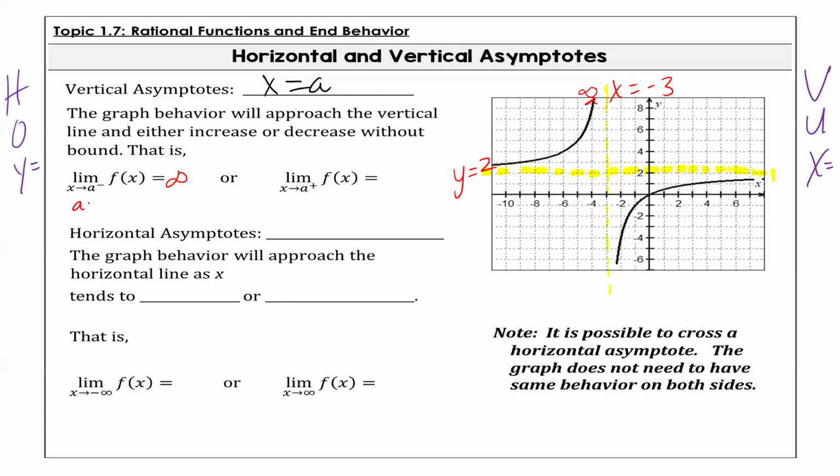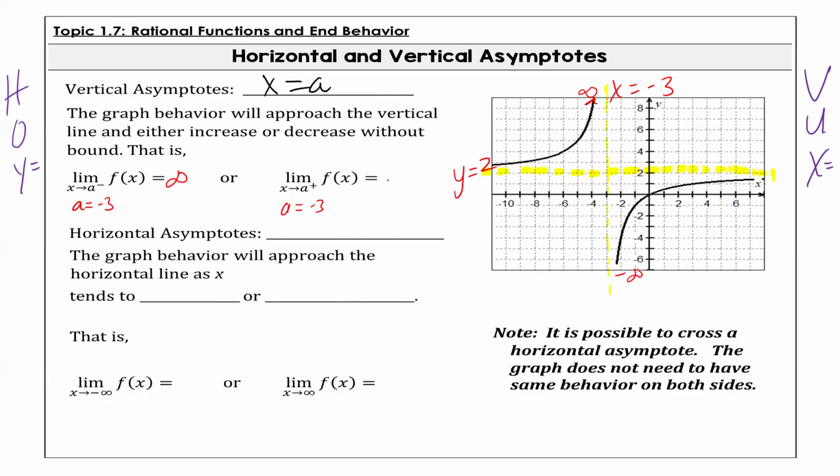So for this case, when a equals, what's our a? -3. So when a equals -3, f of x is going towards positive infinity. All right, again, our a still equals -3. So as I'm coming from the right, what is it doing? Towards the asymptote. Now where am I heading?